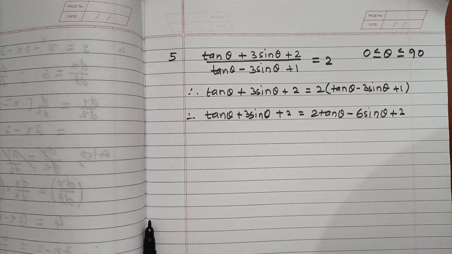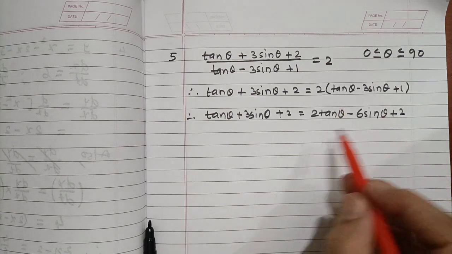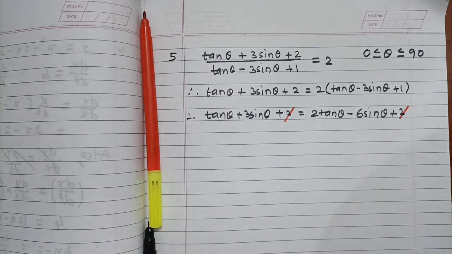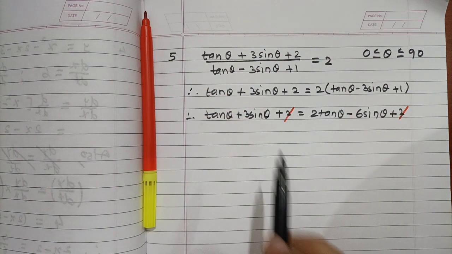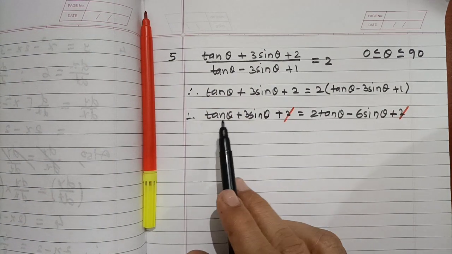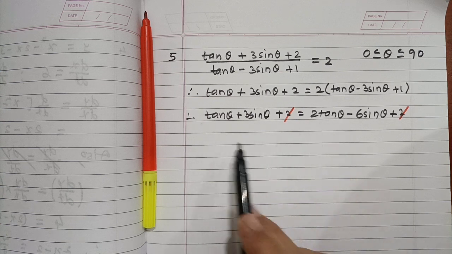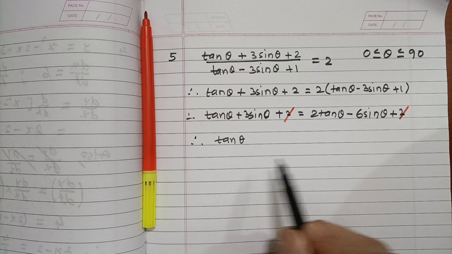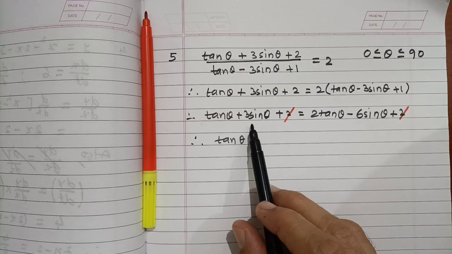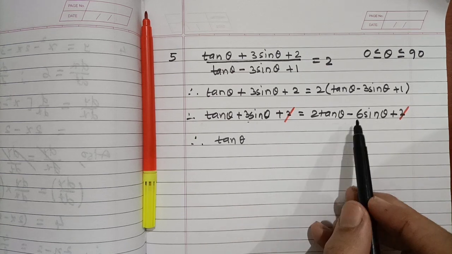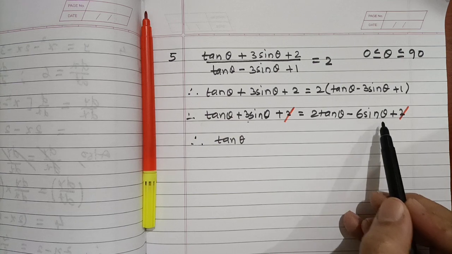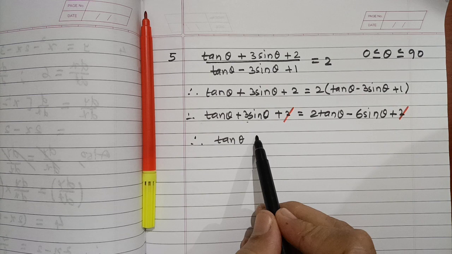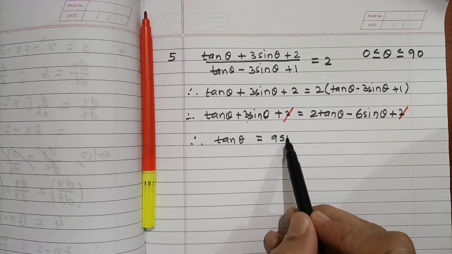Now we can see that there is plus 2 on both sides, so we can cancel out that 2 first of all. Then this is 2 tan theta and this is tan theta, so if we shift it, we will write only tan theta. And this is 3 sin theta and this is minus 6 sin theta, so if we shift it, it becomes 9 sin theta.